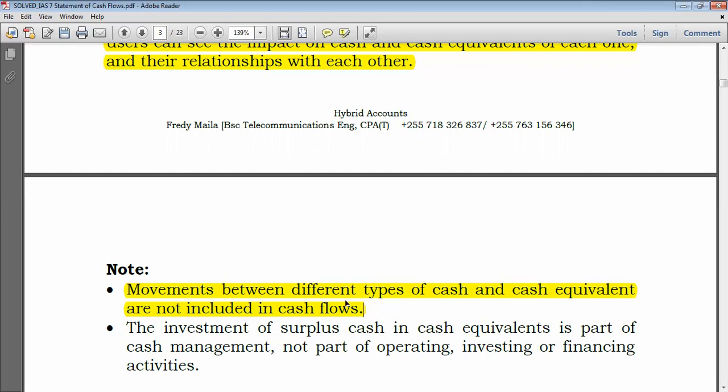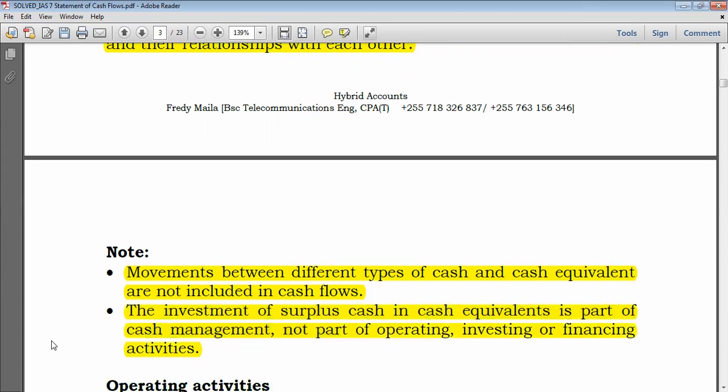So no need to show how cash moved, how cash equivalents moved. No need to show that at all. And so we say, why? The investment of surplus cash in cash equivalents is part of cash management. So separating them would be cash management, not the statement of cash flows. So we say it's not part of operating, investing, and financing activities. That's why for cash and cash equivalents, we just aggregate them.